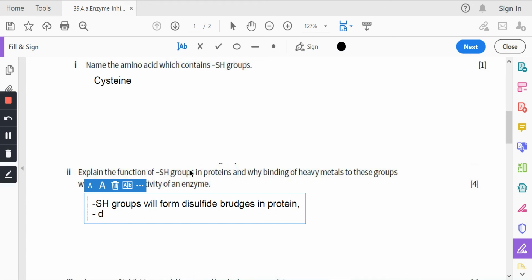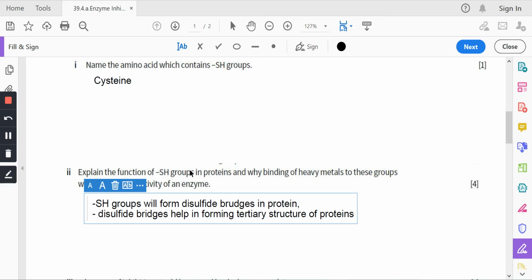So I'll just say disulfide bridges help in forming tertiary structure of proteins. We all know that our enzymes have either a tertiary structure or a quaternary. They have a 3D structure, and tertiary is a 3D structure. That means to form the specific 3D shape of the enzyme, we need these disulfide bridges.